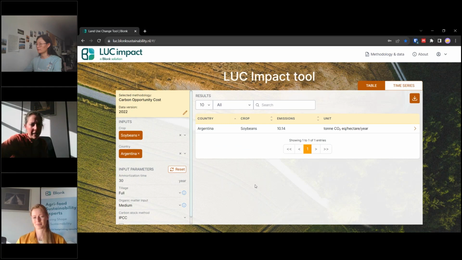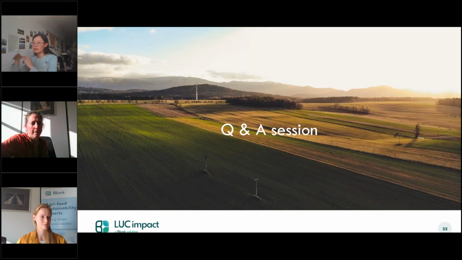Okay. And then one last question for Jishin. Can the Look Impact tool be integrated into SimaPro? Currently, the Look Impact tool is not directly integrated into SimaPro. So Blonk has another major database product called AgriFootprint, which was also mentioned by Lisanne before.